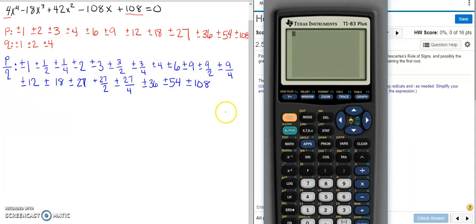But I don't want to sit here and plug in a whole bunch of these. I really don't. I would have to go through and be like, okay, it's a degree 4, let's try 1 to make it easy.